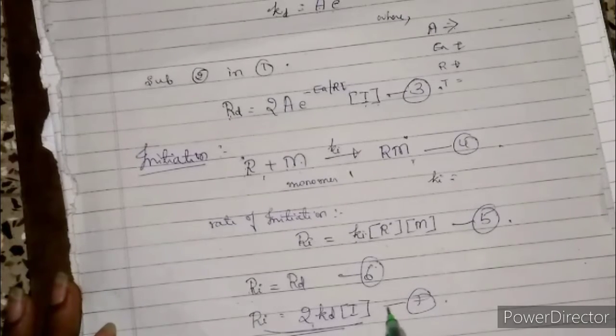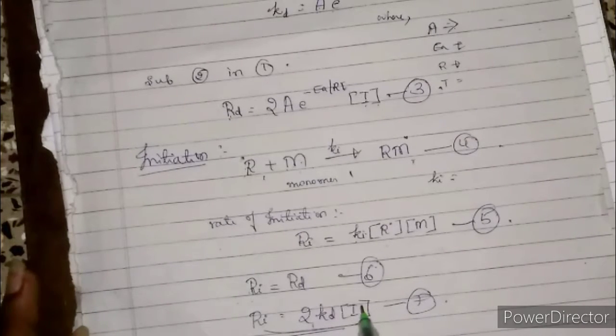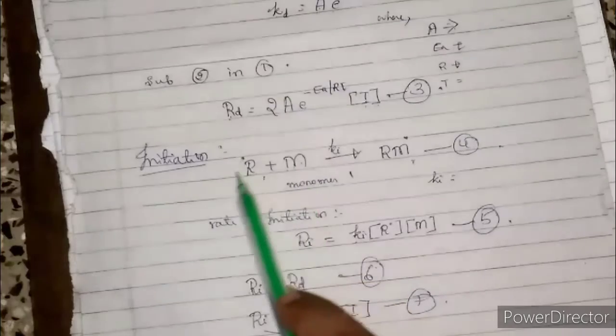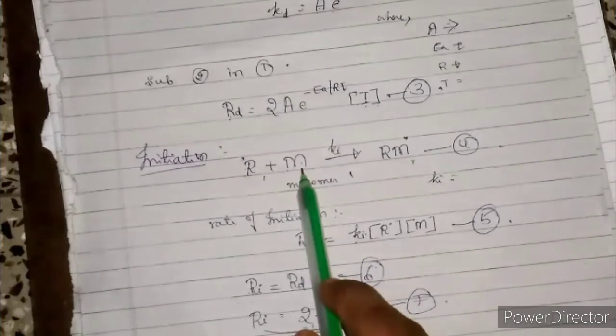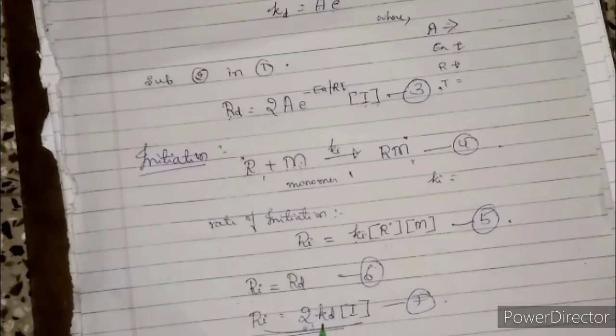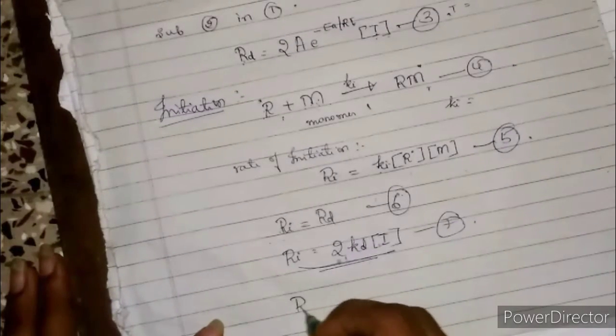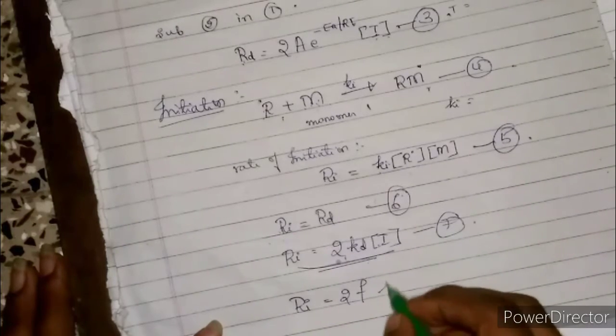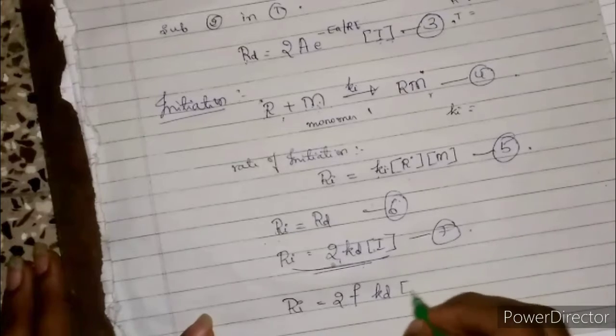But practically it is not observed like that, because some of the free radicals undergo side reactions. Not all the free radicals attack the monomer, only some of them do. So this equation isn't valid in this case. What we can do is modify this equation by writing this term F, okay, 2 F Kd into concentration of I.